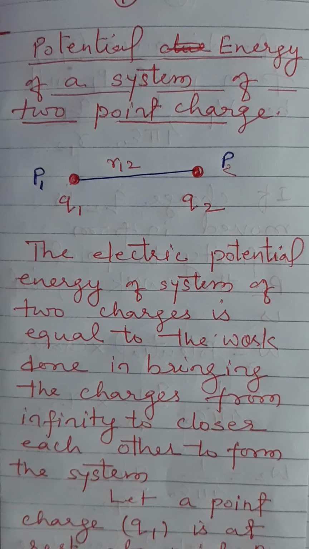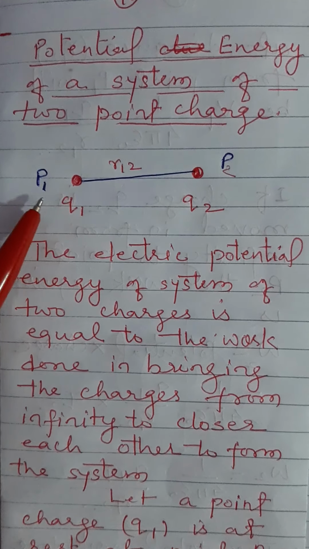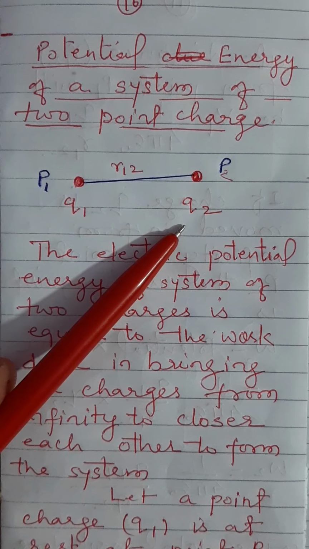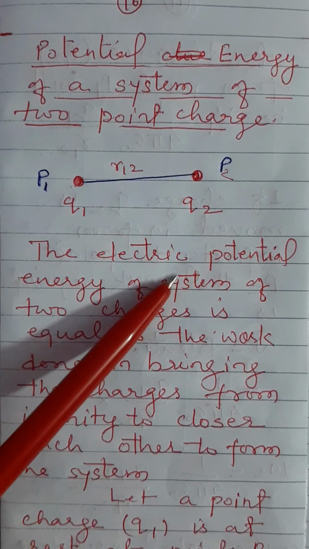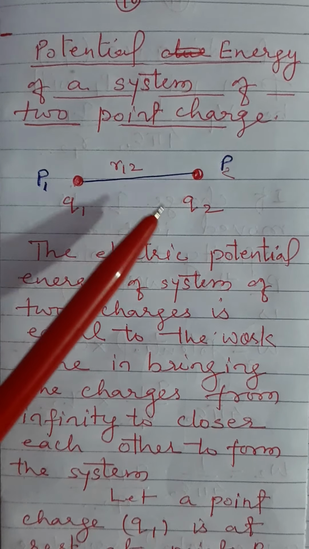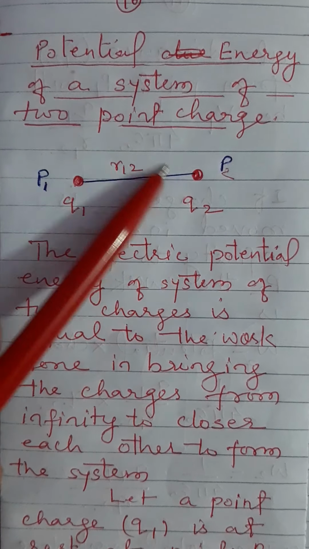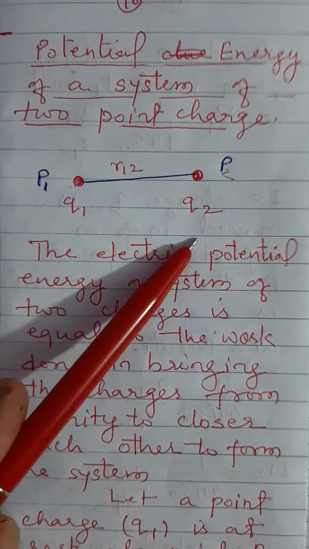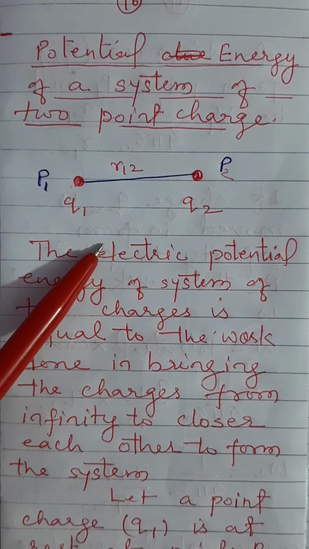You see here there is a system of two charges Q1 and Q2. They are placed at points P1 and P2, and you want to calculate the potential energy of this system. Then the total potential energy is given by the total work done to bring these two charges from infinity to that place.